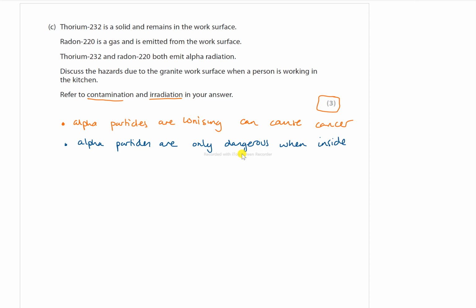So if you consume it inside the body. Remember, they're not very penetrating. A sheet of paper can stop them and they can be blocked by the skin. It doesn't mean that the skin's not going to get damaged.